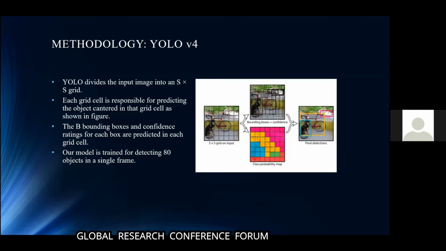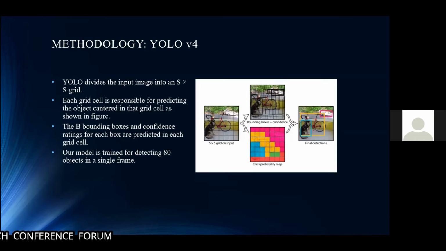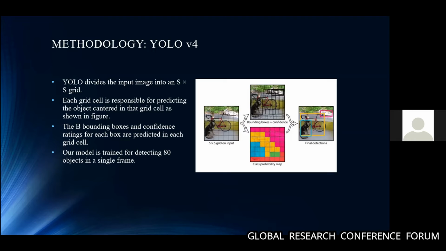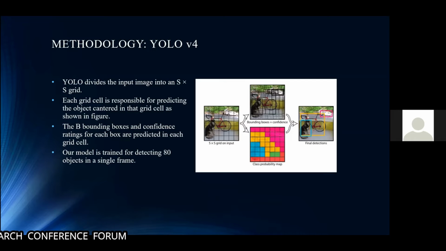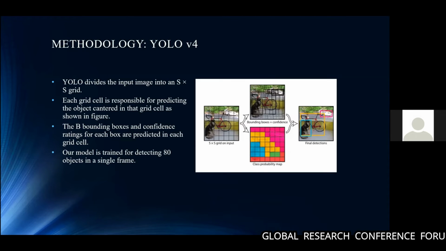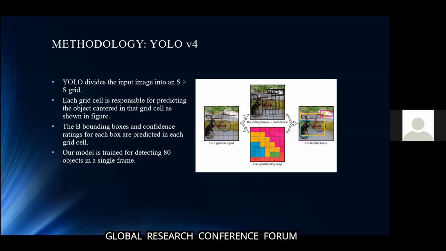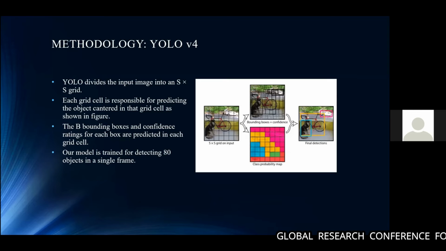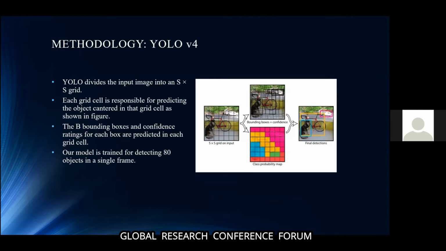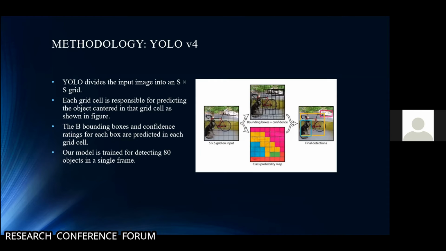It will calculate the probability of each class for each grid, as shown in the figure below, and finally, according to the probability of occurrence of each class, it will detect the object and give the location as well as the name of that class in the final output. So my model detects 80 objects at a time in real time.